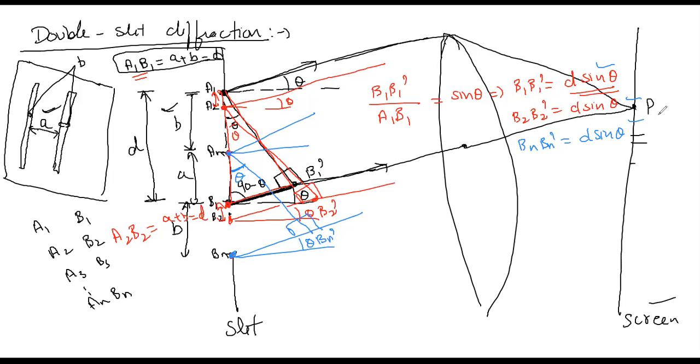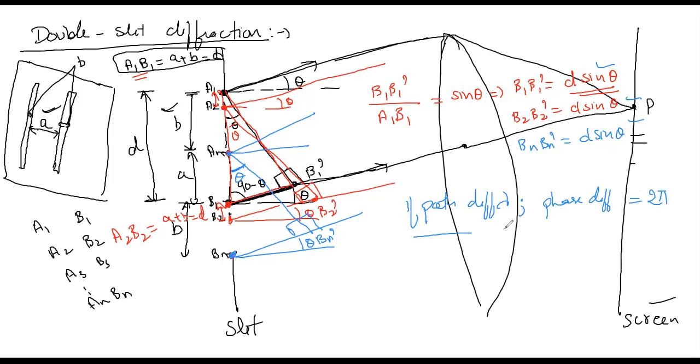Now, how do we take this extra distance into account? By introducing some kind of phase constant, as we did in the case of single slit. We know that if your path difference is lambda, then the phase difference is going to be 2 pi.